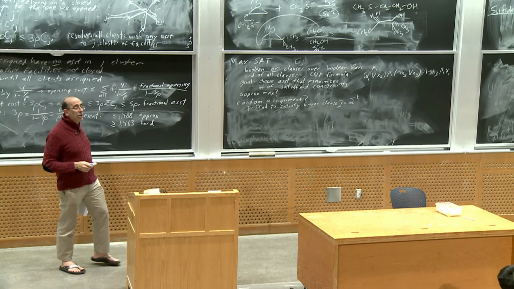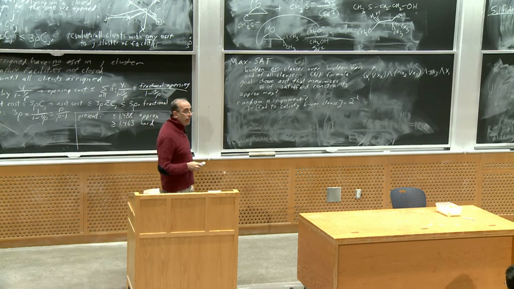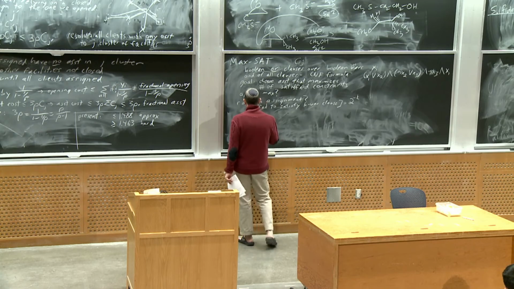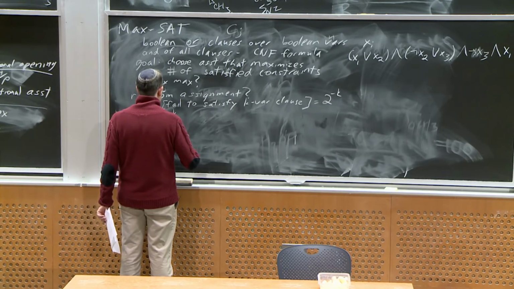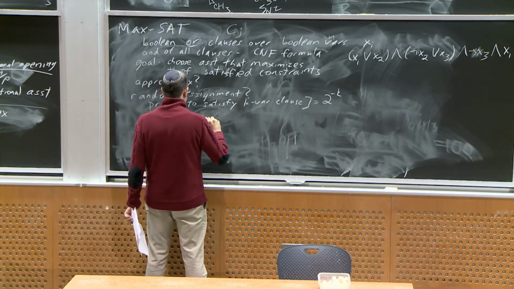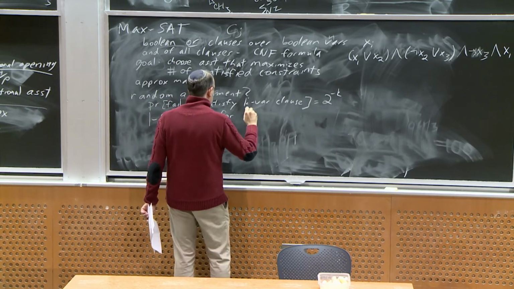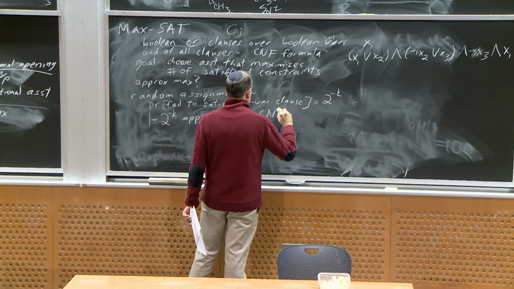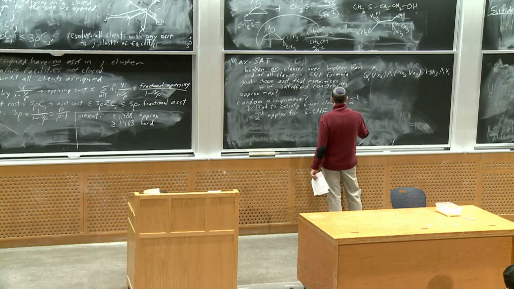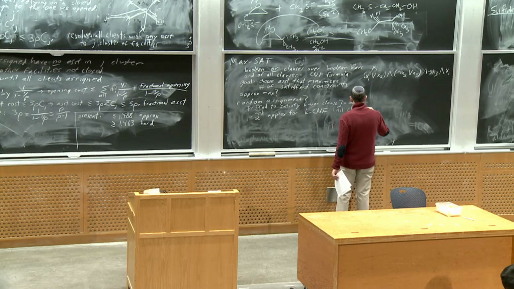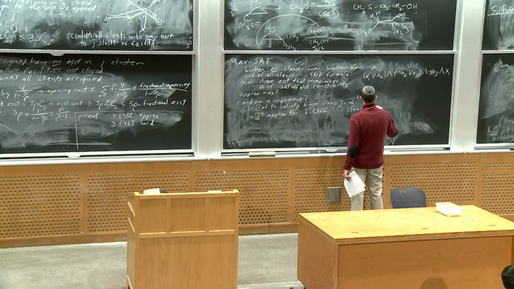And so there's only a 2 to the minus k chance that you will get it. Okay? And that means that random assignment gives us a 1 minus 2 to the minus k approximation for KCNF. Okay, a KCNF is just one where all of the clauses have k variables.